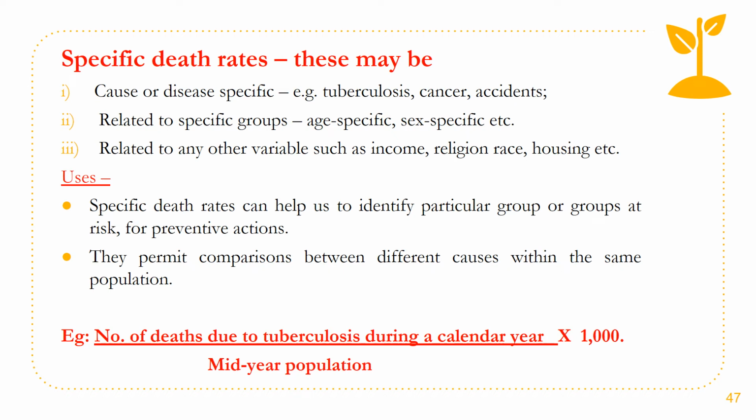That will be useful, and it will prioritize the disease or gender or location. The uses of specific death rates: they help us to identify a particular group. They permit comparison between different causes within the same population. So how can you calculate? Number of deaths due to tuberculosis during a calendar year divided by mid-year population, into 1000.